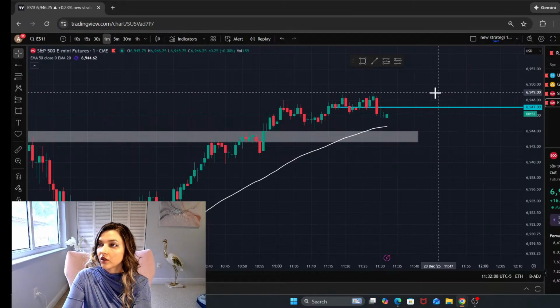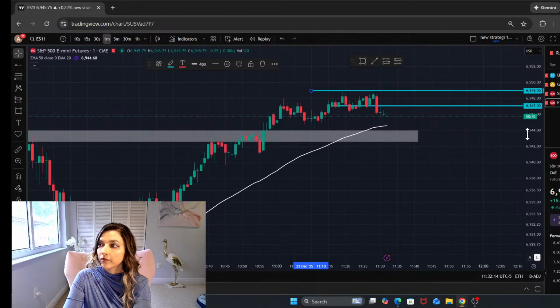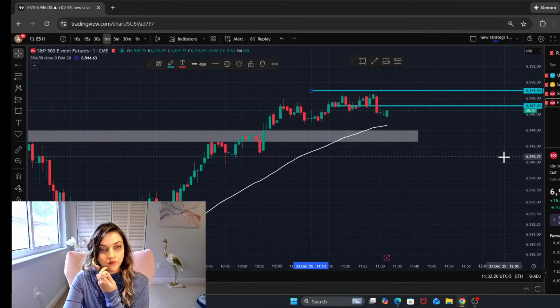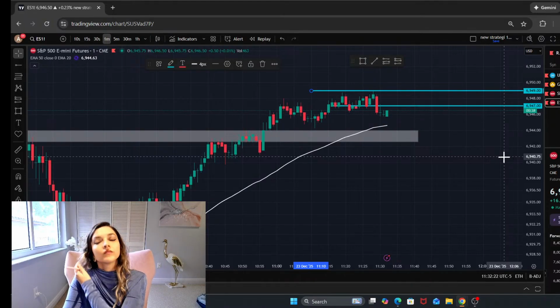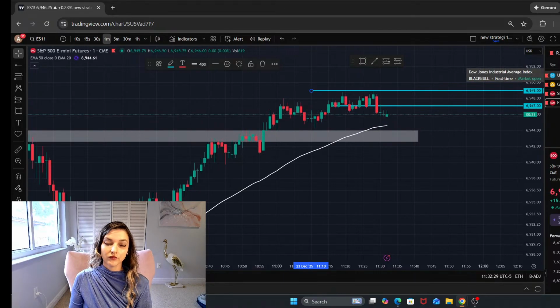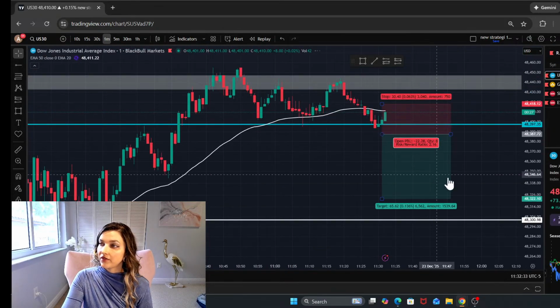What about if you put your stop loss here? That's great. No risk left in the trade.